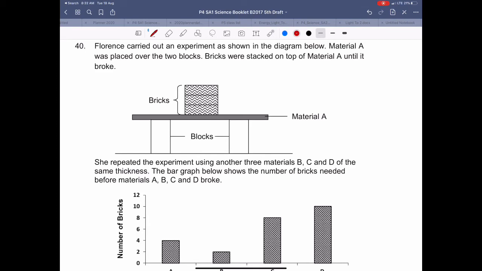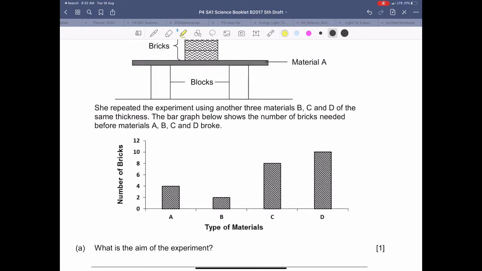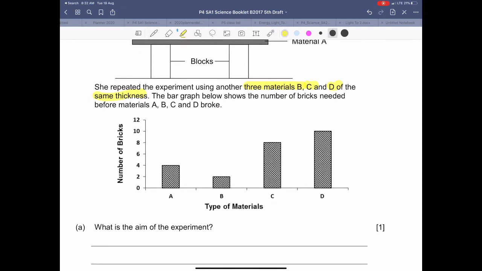So Florence carried out an experiment as shown in the diagram below. Material A was placed over 2 blocks. Bricks were stacked on top of material A until it broke. So you keep stacking until it breaks. She repeated the experiment using 3 other materials, A, B, C, D, of the same thickness. The bar graph shows the number of bricks needed before materials A, B, C, and D broke.